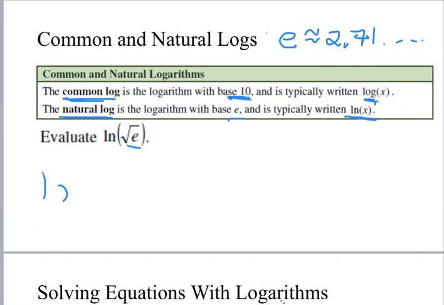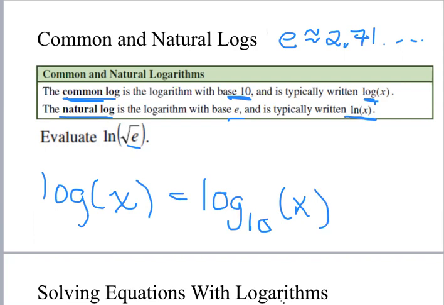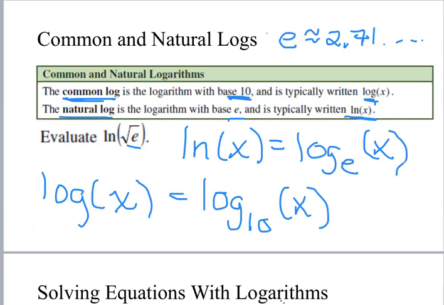So when you punch this button on your calculator, it's assuming you're doing a log base 10. It can't do other ones, but we'll get into how to do those. When you punch in ln of x, it's assuming you're doing a log base e of x. So those are two that you really want to take note of: common log, natural log, log base 10, log base e. And then we abbreviate them as the log and natural log buttons.